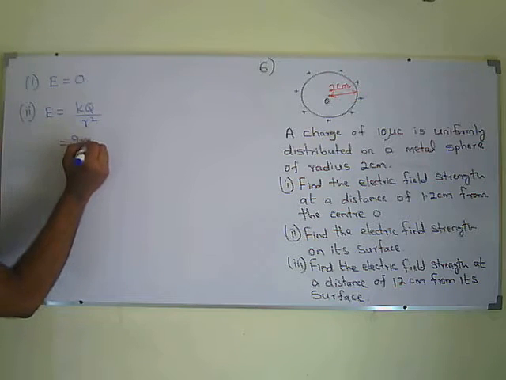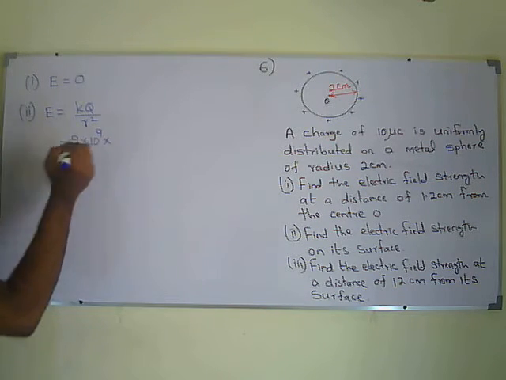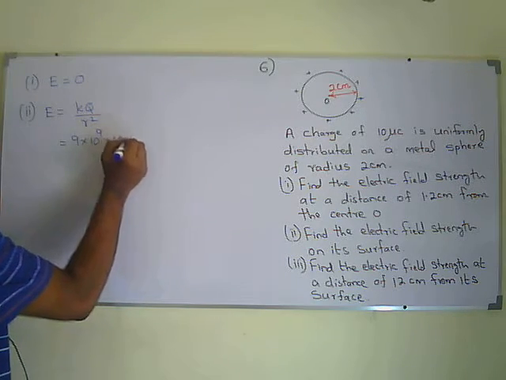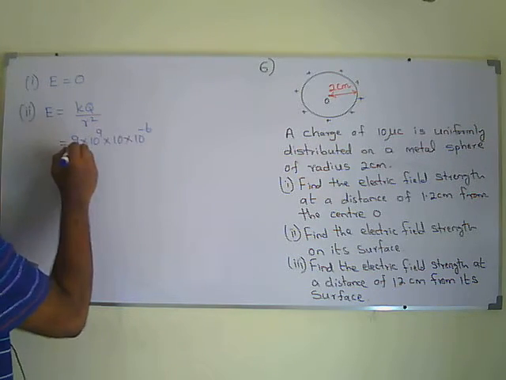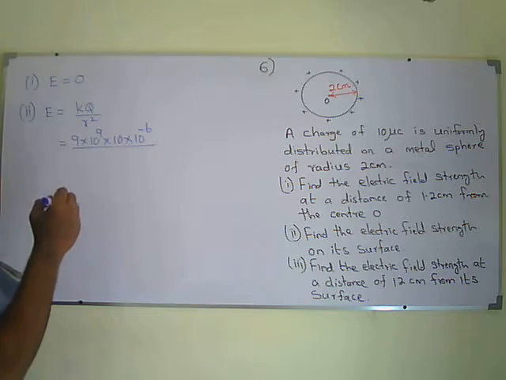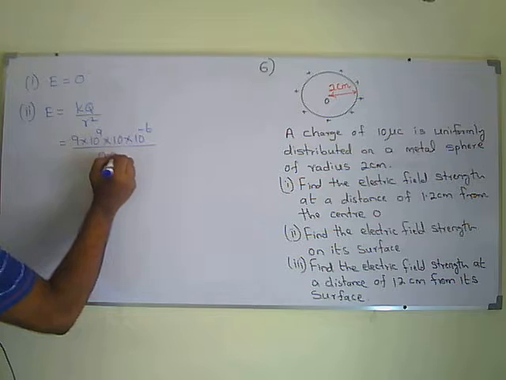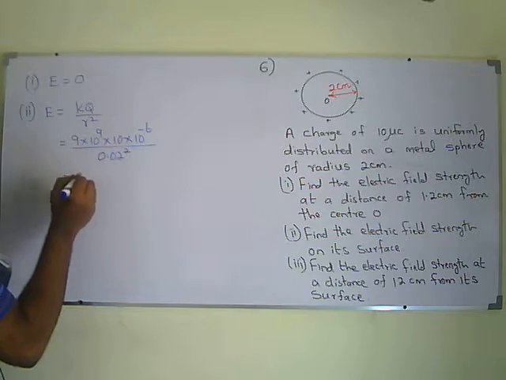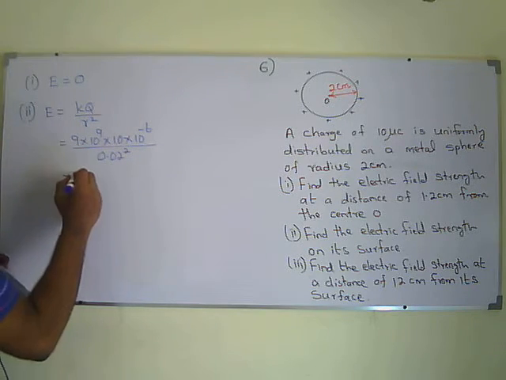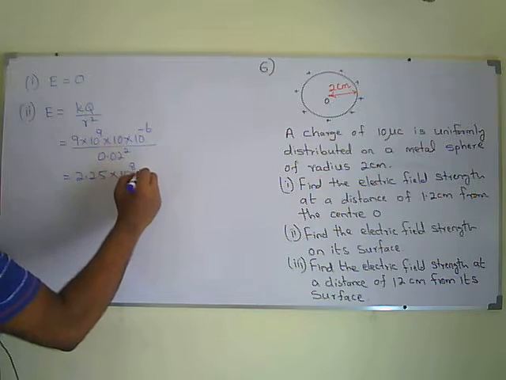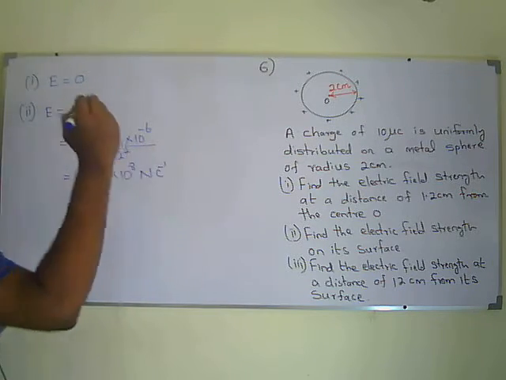K is 9 into 10 to the power 9, Q is 10 into 10 to the power minus 6, divided by R squared, 2 centimeter converted to meter, 0.02 squared. If you solve, you will get 2.25 into 10 to the power 8 newton per coulomb.